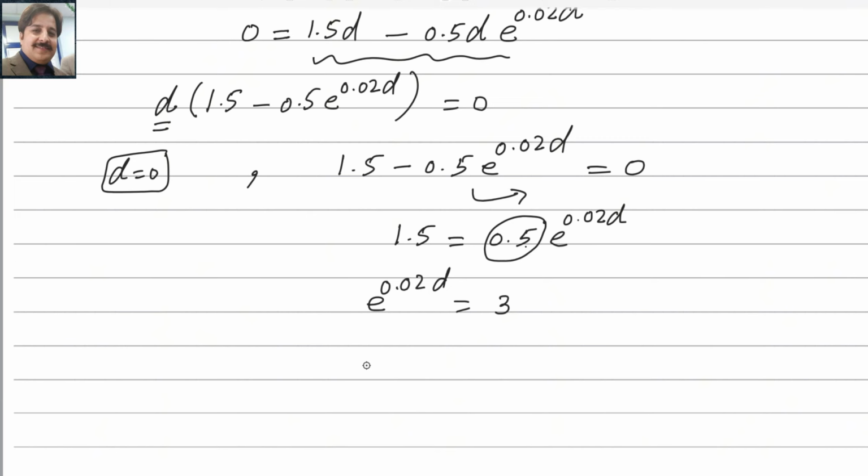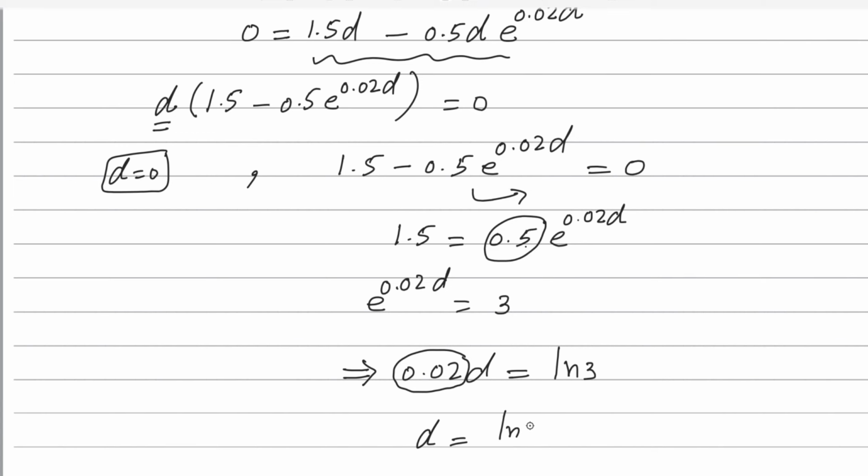To get rid of the exponent, we take ln, the natural logarithm. So 0.02d equals ln 3. This is multiplying, so it will divide to the other side. So d equals ln 3 divided by 0.02.